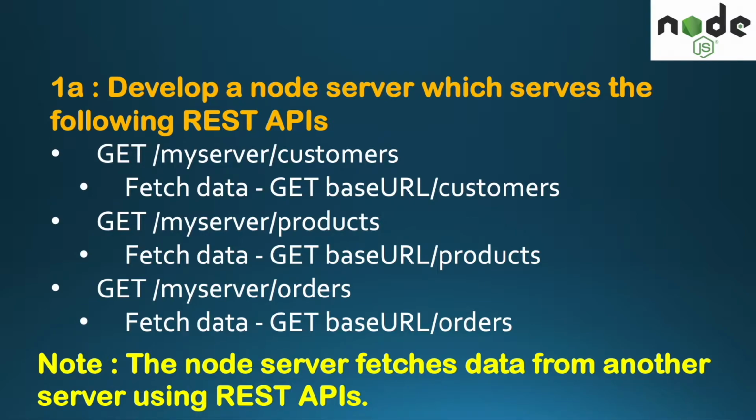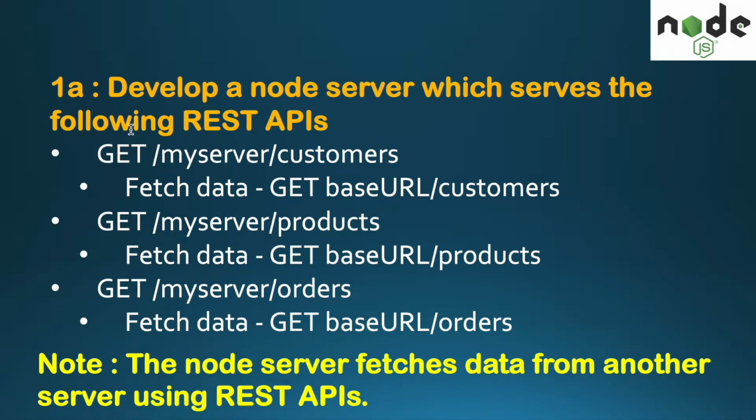Develop a node server which serves the following REST APIs: get /myserver/customers, which fetches data from get baseURL/customers. We will fetch the data from this URL and return it in the response.